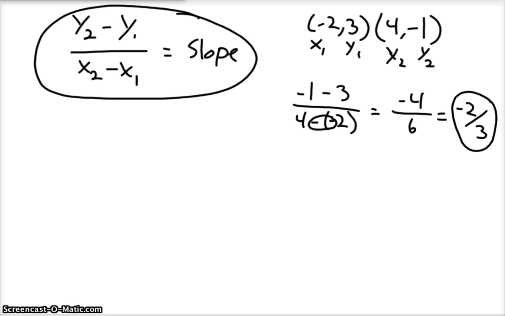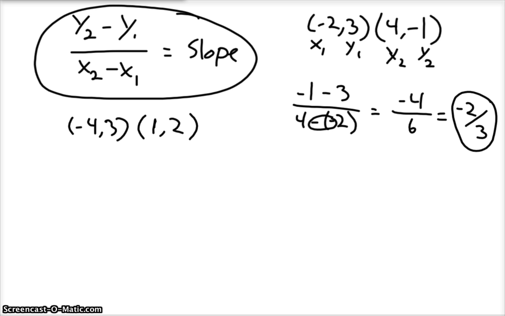So now here's another example. Another example would be 3a at the very bottom of the page. Okay, and it says we have the points negative 4, 3, and then we have 1, 2.